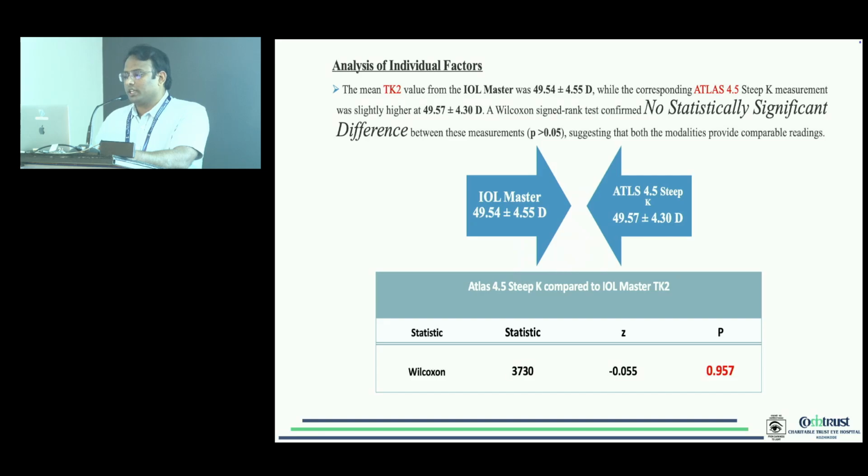The Wilcoxon signed rank test confirmed there was no statistically significant difference between these measurements. The p-value is more than 0.05, suggesting that both modalities provide comparable readings.